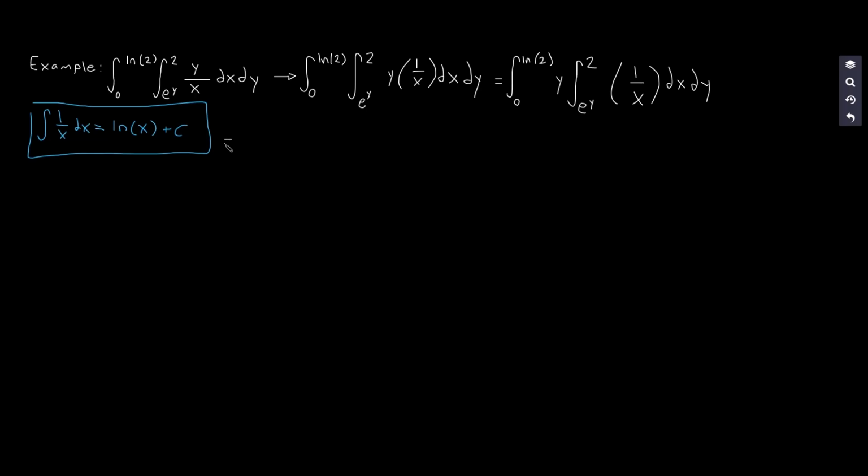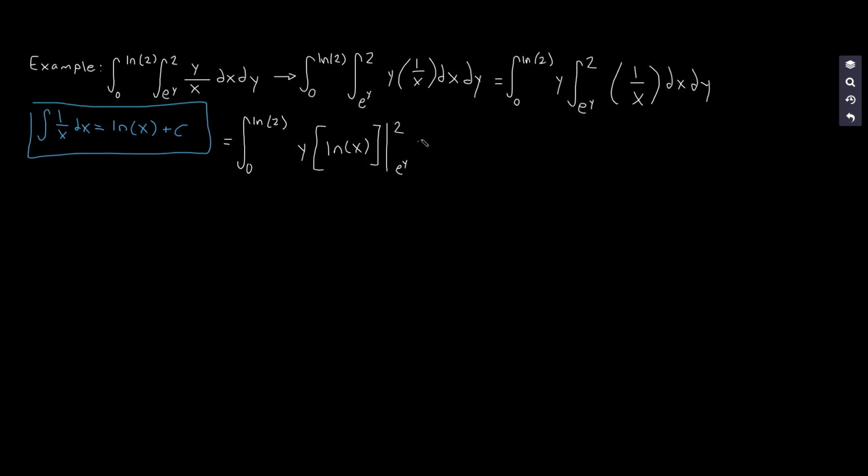Once we apply that, it's going to be the integral from 0 to the natural logarithm of 2 for y times the natural logarithm of x. Of course, there won't be a plus c because we do have an evaluation bar, our bounds of integration, namely the lower bound e raised to the power of y and 2.